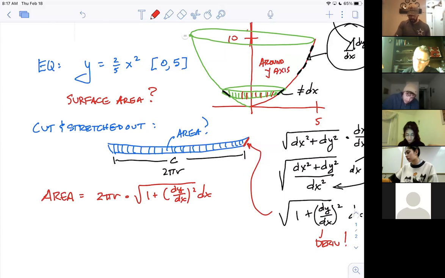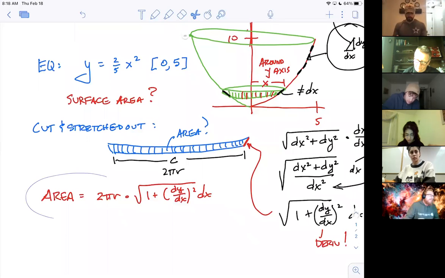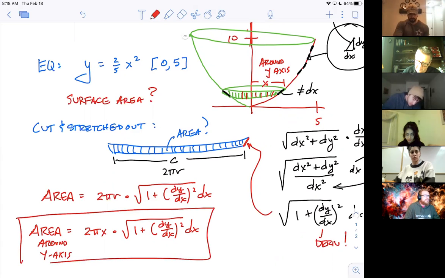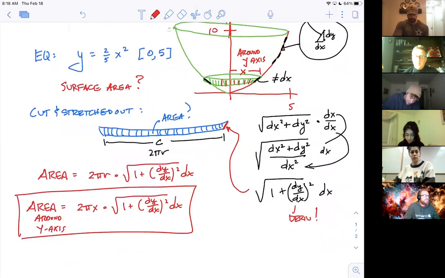And because we went around the y-axis, isn't the radius actually x? So I could modify this by putting x there instead, and I'll add the note that this is what we do for around the y-axis, if we're spinning something around the y-axis. That's our formula.